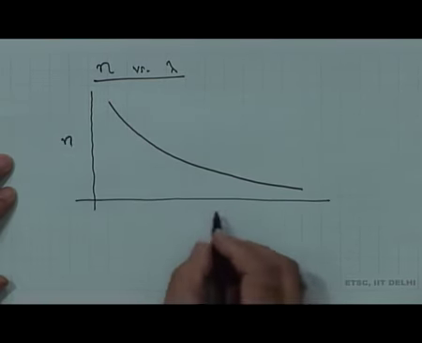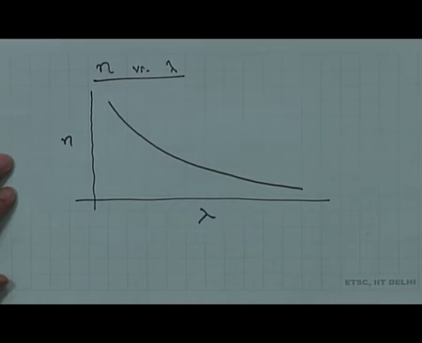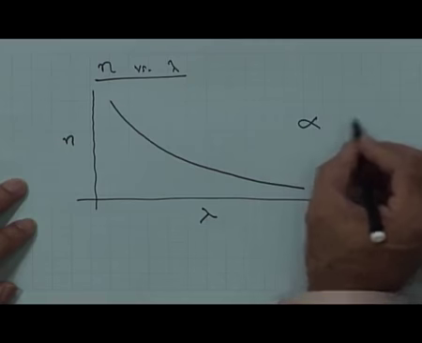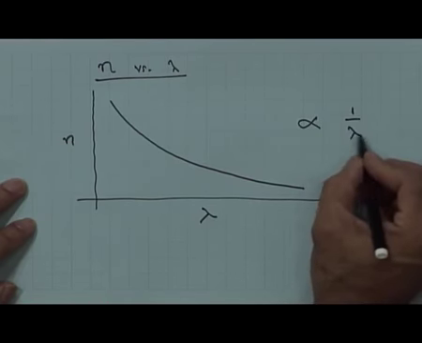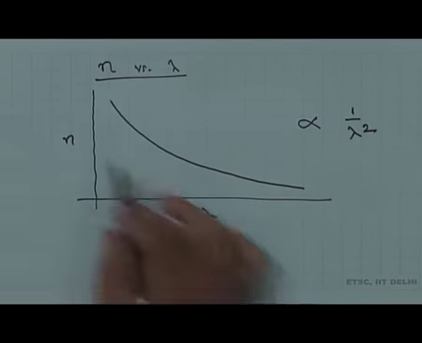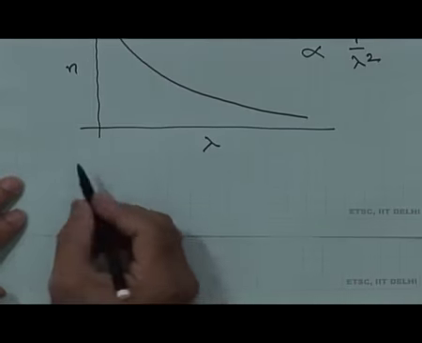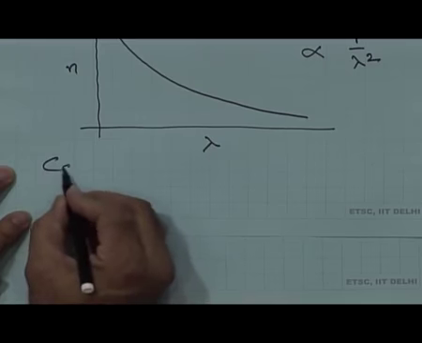Here it is n and this is lambda. The relation is approximately proportional to 1 over lambda square. This was experimentally observed, and then Cauchy gave a formula which is called Cauchy's formula.